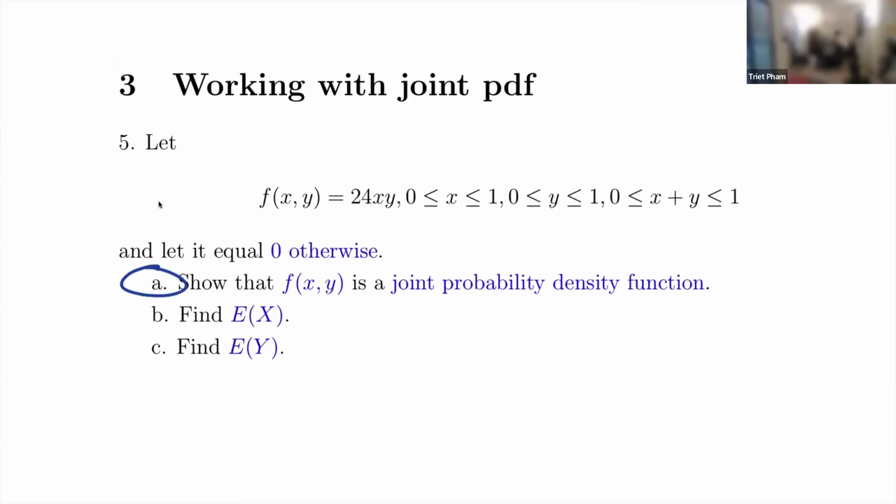What does it take to show that it's a joint density function? And by the way, are X and Y independent in this problem?